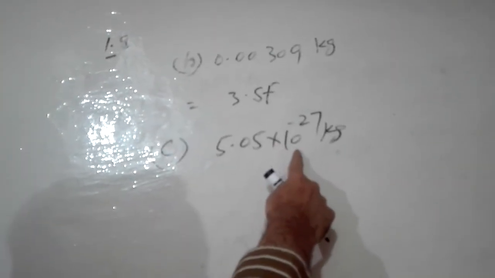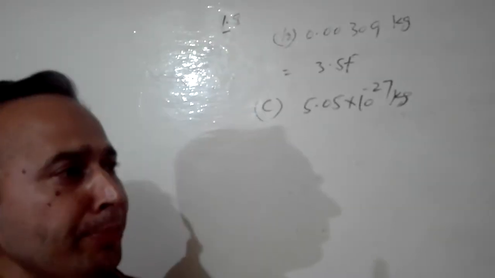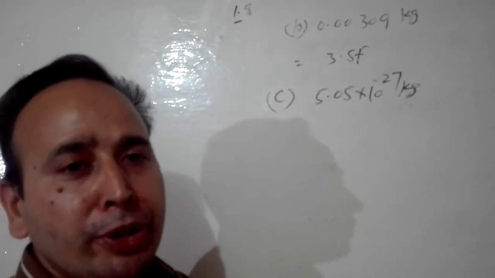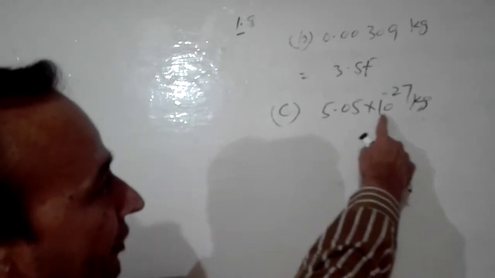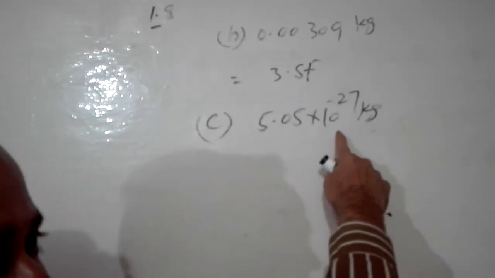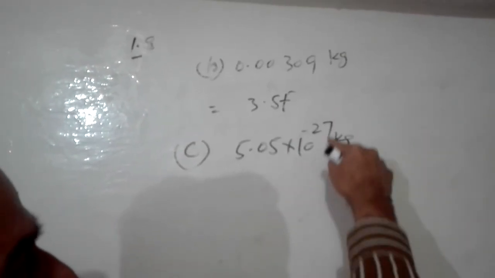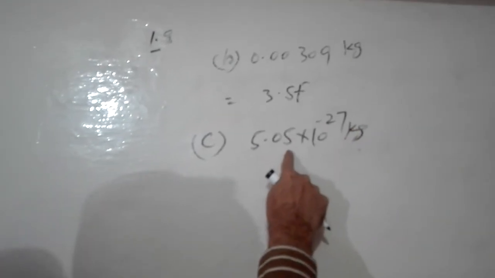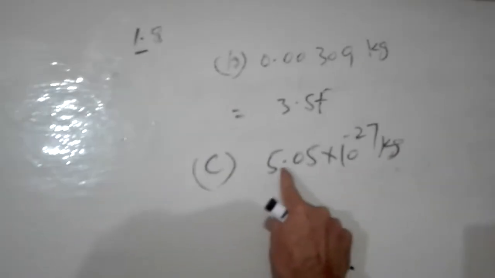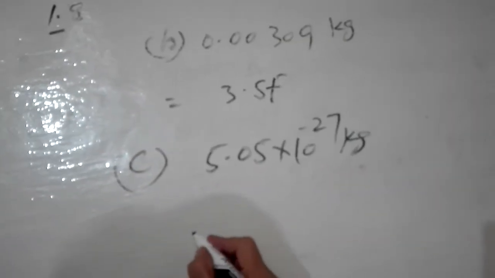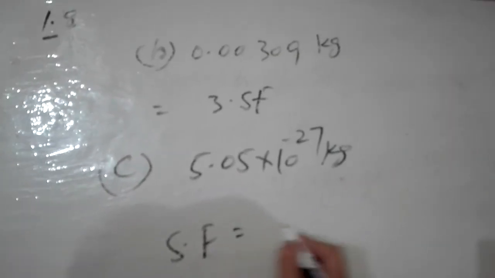When they are given in power, recall the rule which I explained in significant figures. When you have converted any number in scientific notation, we skip these powers. We will skip these 10 power minus 27 and count these numbers as significant. So clearly they are 3, 1, 2 and 3. So I will write significant figures equals 3.